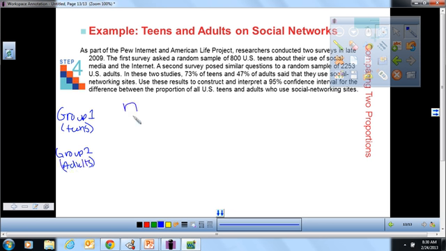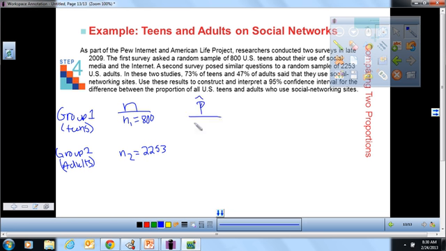So for each of these, I have to have the number and the sample. Right now for N1, I have 800. For N2, which is my adult group, I have 2,253. And then you also need to know your P hat.